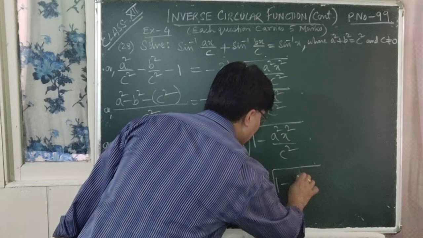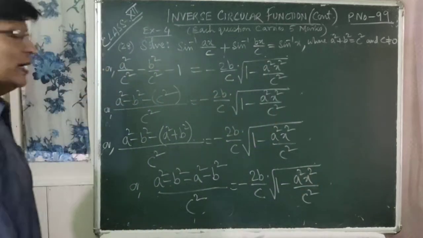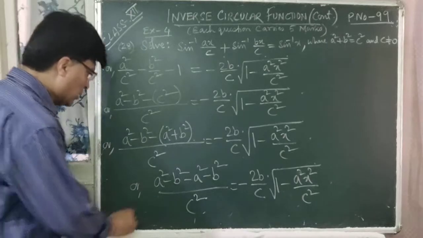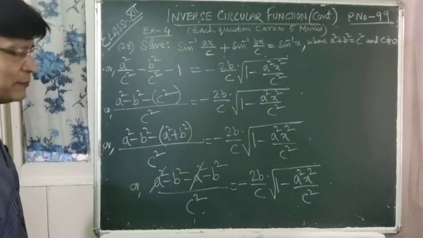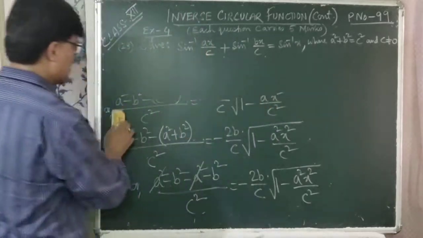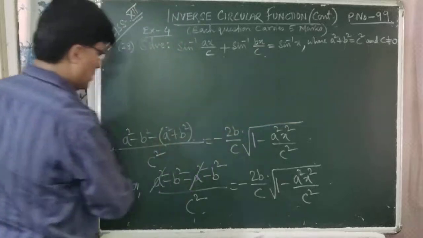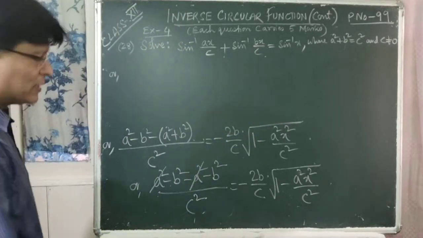Root over 1 minus a square x square by c square. Okay. So here you can cancel these. a square gets cancelled. You can cancel them, isn't it? So let us simplify it once again. So what is minus b square minus b square?